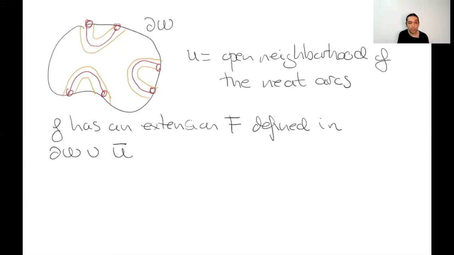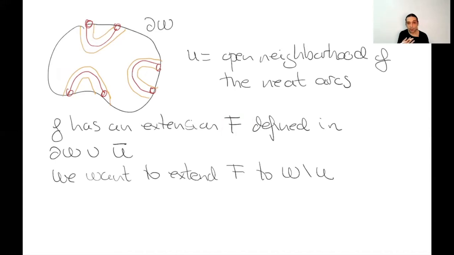And we want to extend this capital F to the rest of the points. So we want to extend capital F to W minus U, okay? That's our goal. To extend F to W minus U. And we know that it is already defined in the following set.